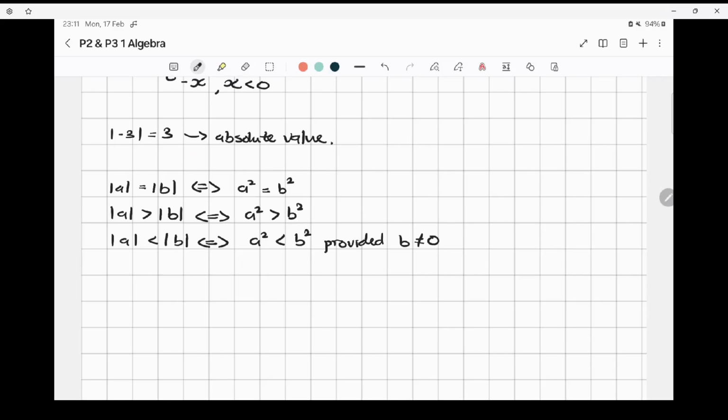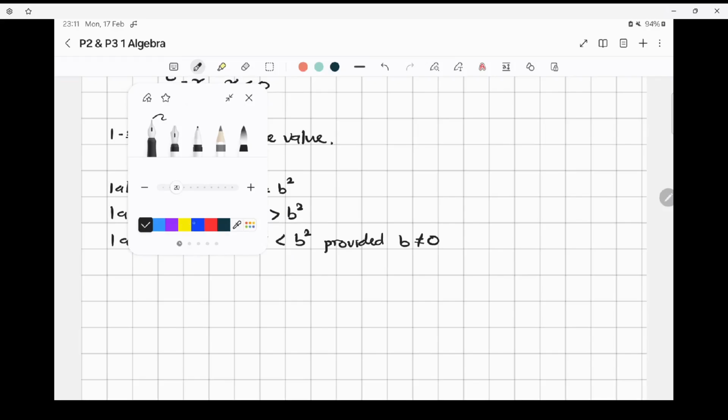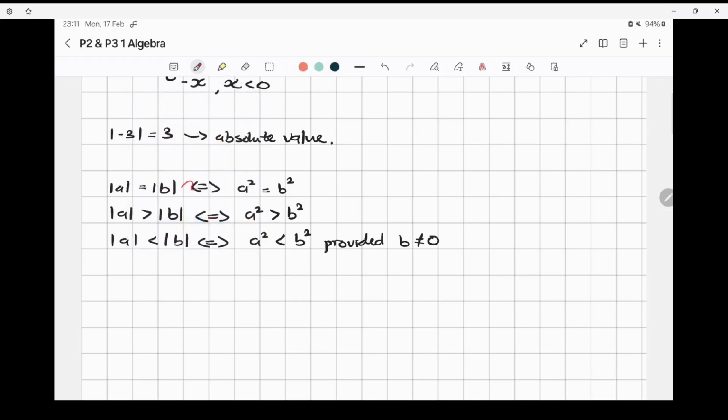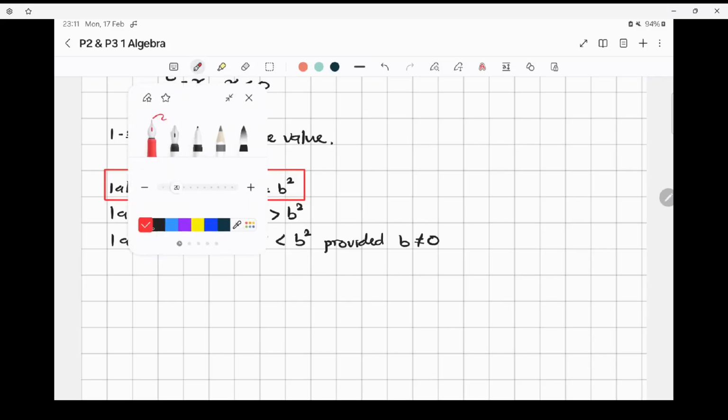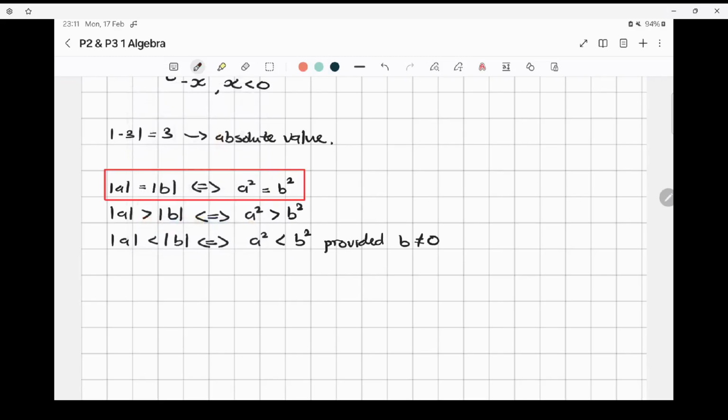So for the first section, we will basically make use of the first property. Whenever you see a modulus of A equals modulus of B, or modulus of a certain function equals the modulus of another function, usually what you would do is square both sides and then solve the equation.